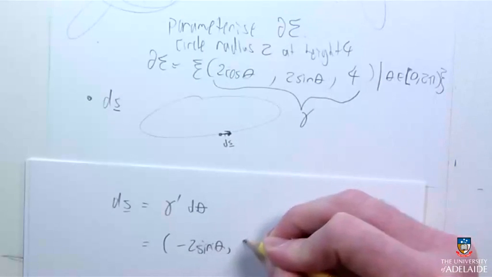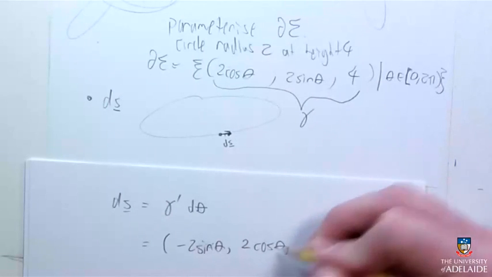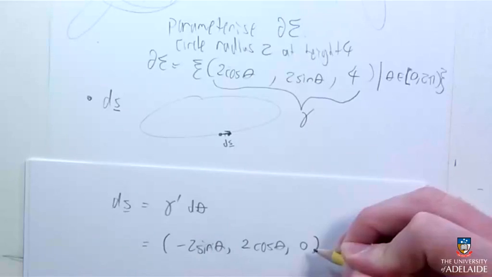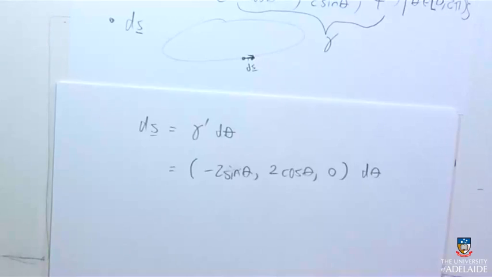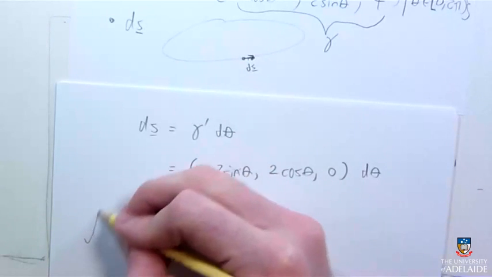The derivative of sine is cos, and the derivative of 4 is 0. Beautiful. Okay, so my integral now becomes this.